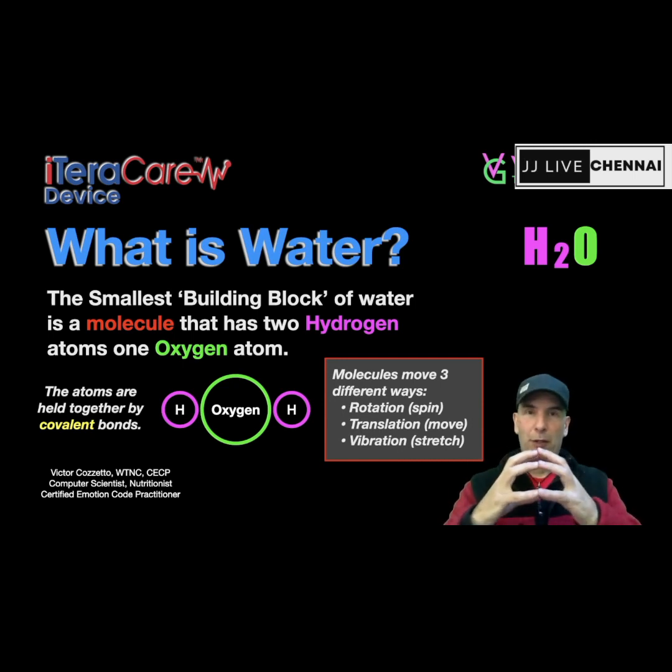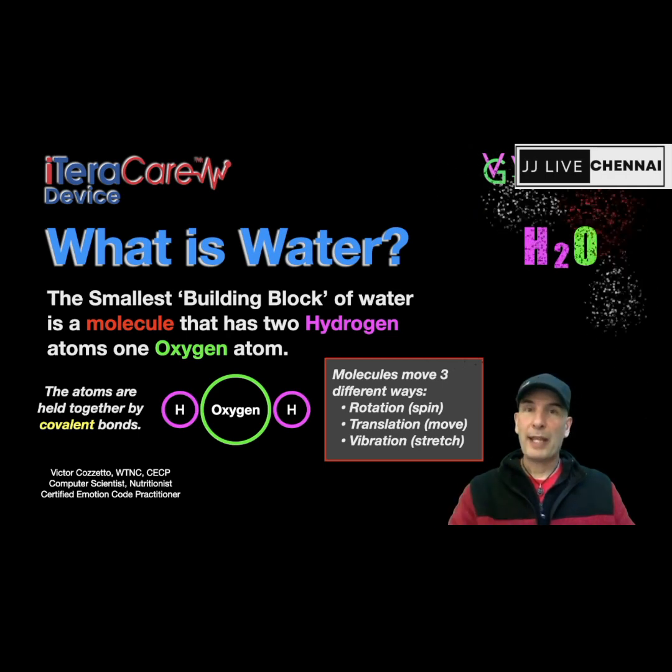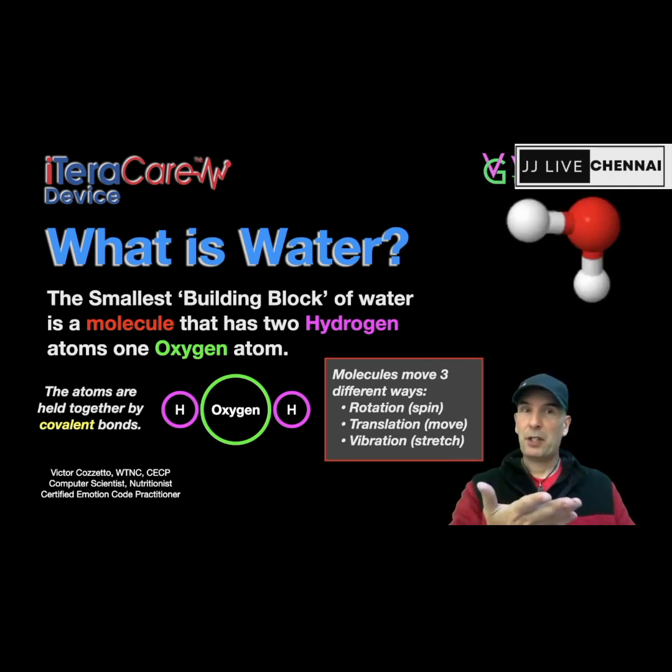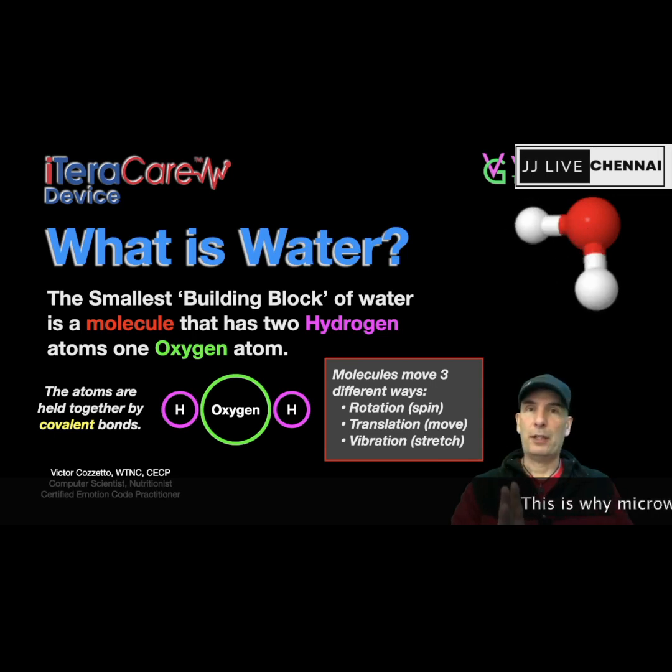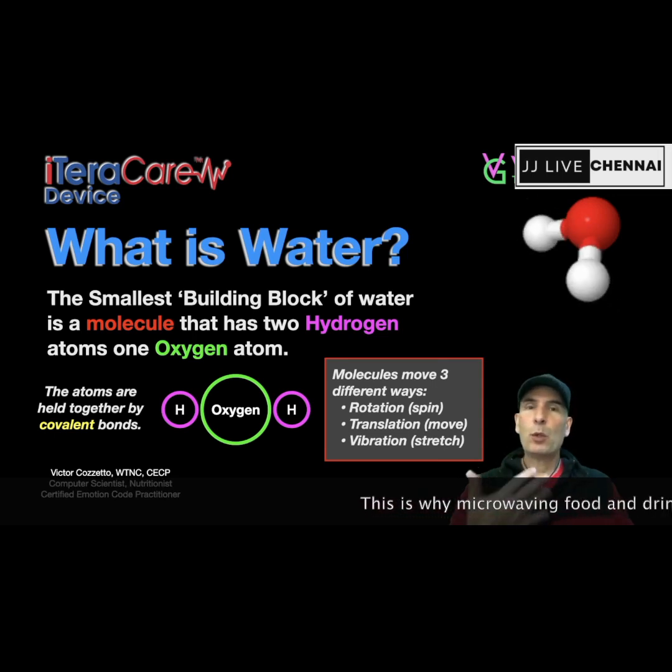Now, getting into the more interesting things, one molecule of water, this H2O, can move in three different ways, okay? It can rotate like it does here. And let me give you another hint. Microwaves heat things by causing water molecules to rotate. This is not good for us. This is not how we normally heat things.